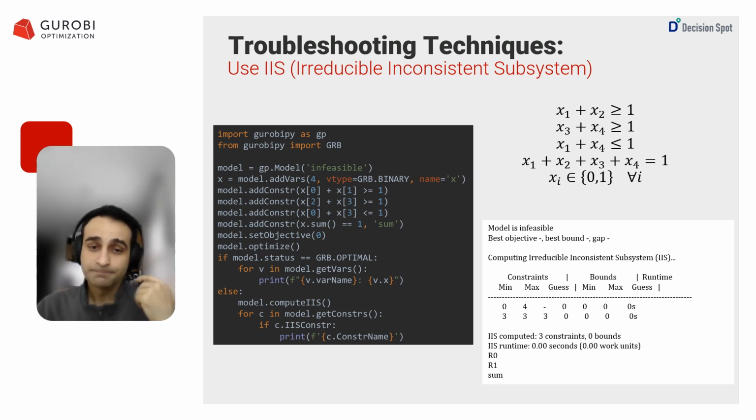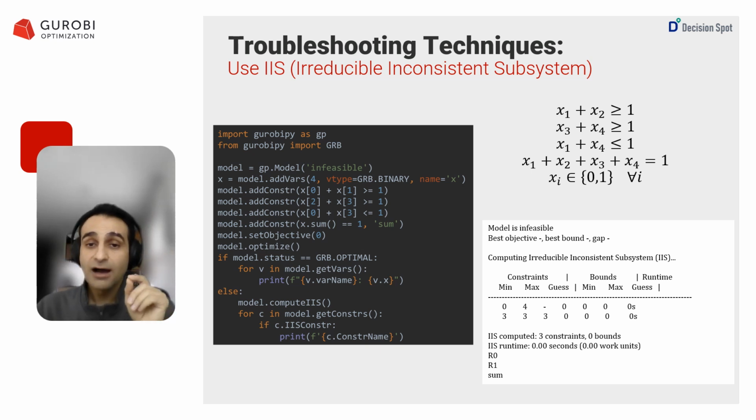So let's continue with the same example and discuss another technique. Most commercial solvers have a feature that can identify conflicting constraints in an infeasible model. They do this by computing what's called an IIS, which is short for irreducible inconsistent subsystem, or if it's easier to remember, irreducible infeasible set.